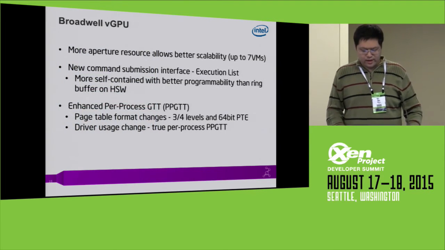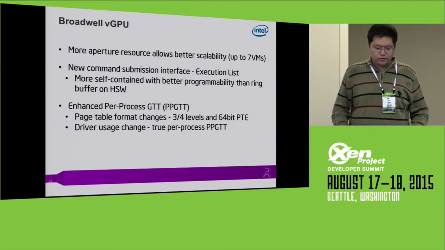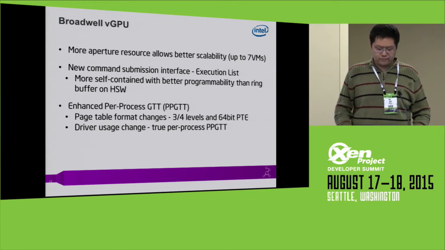So the hardware change brings some new requirements and challenges to our full GPU virtualization solution. First of all, Broadwell provides much bigger aperture resources, and more aperture resources allow better scalability.